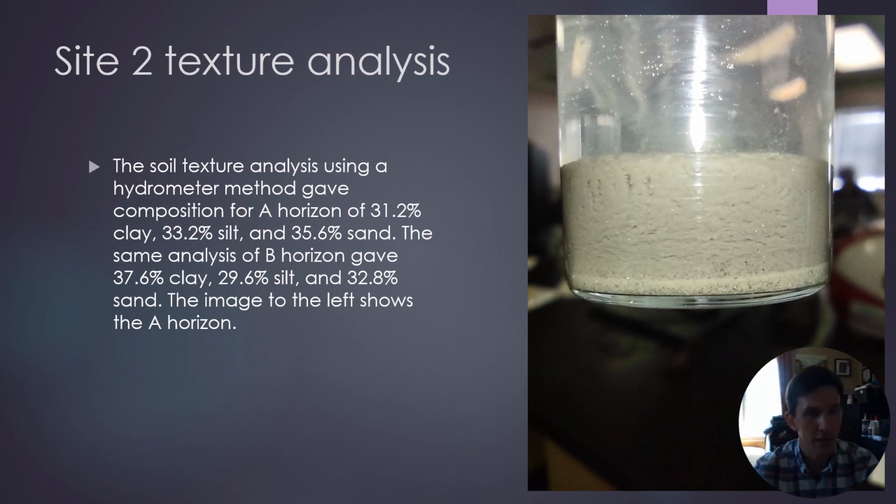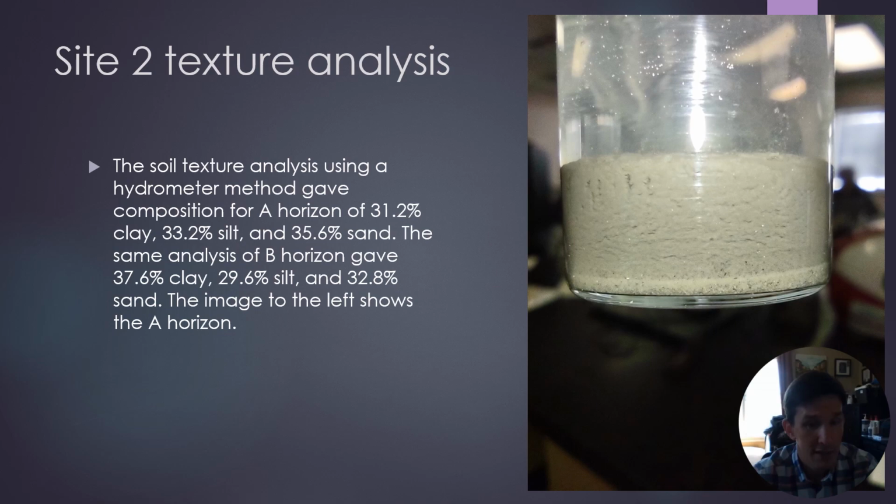So the texture analysis of the A horizon that I assume was somewhat affected by the human activity had 31% clay, 33% silt, and 35% sand. So pretty much equally distributed, almost, clay, silt, and sand.